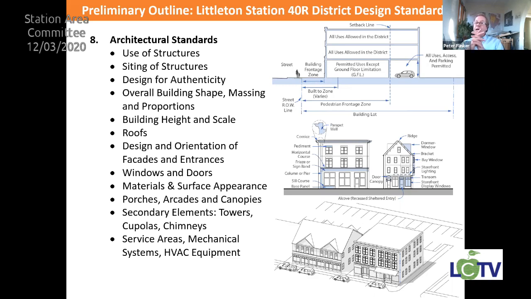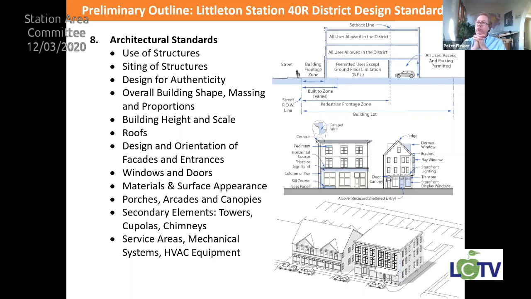You often might want a maximum building setback as well as a minimum building setback so that people can't put the buildings too far from the street to make that frontage zone work. We could talk about ground floor use limitations versus uses in the upper stories, and then location of parking if they want to have parking in the buildings or adjacent to the buildings.